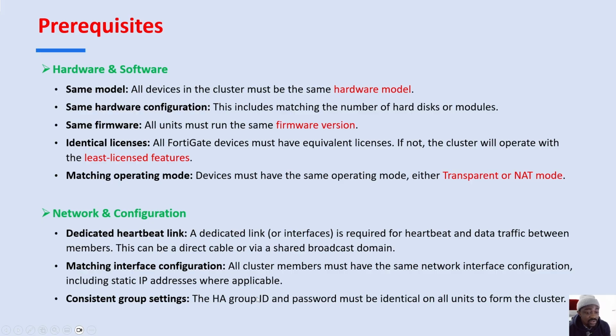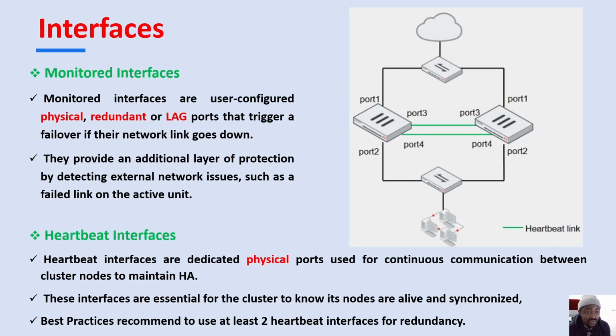On the two devices in a two-device high availability cluster, you need to make sure that the HA group ID and password are identical on both devices. This is configured on each device, so you need the same HA ID and password on the devices taking part in the HA cluster.